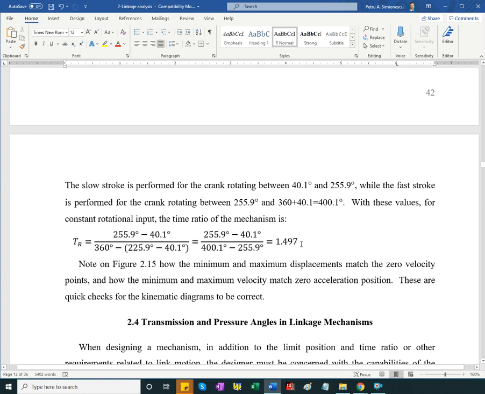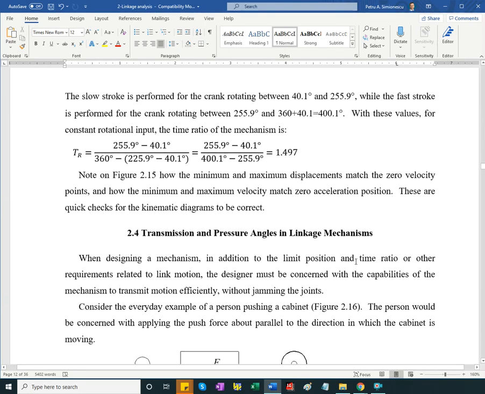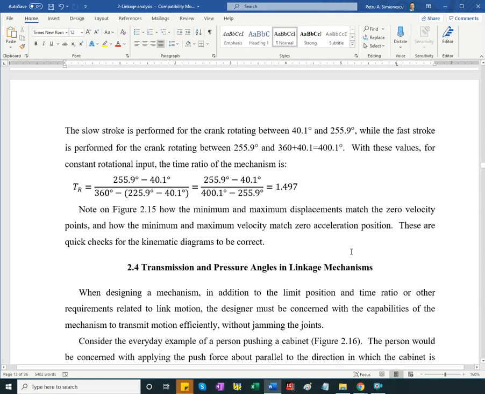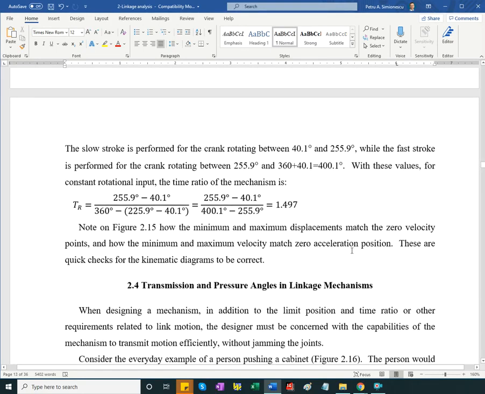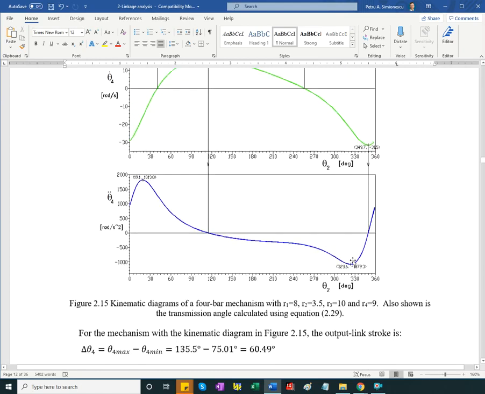If you somehow get a number that's less than 1, you just take the inverse. So for example, if I take 1.497 and take the inverse, this will be 0.668. But if I want to report the one we agreed on, a number greater than 1, you just take the inverse, 1 over x. Okay, so this was it for limit positions and time ratios.